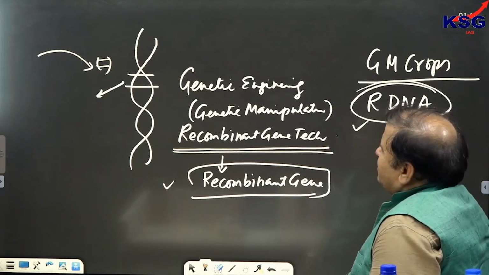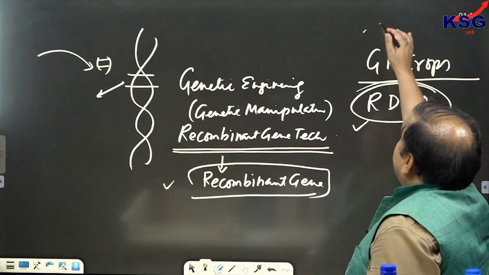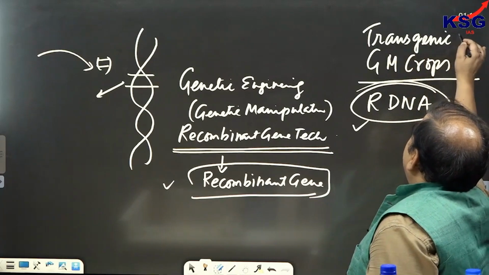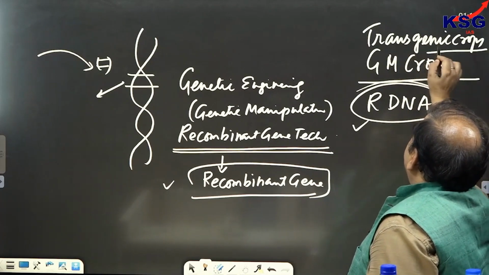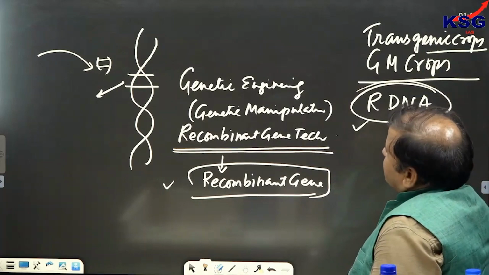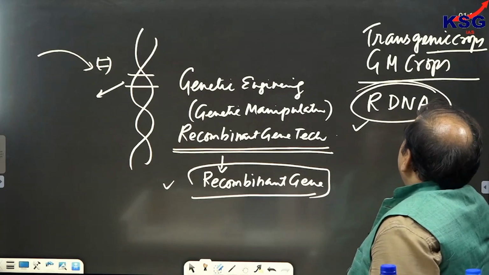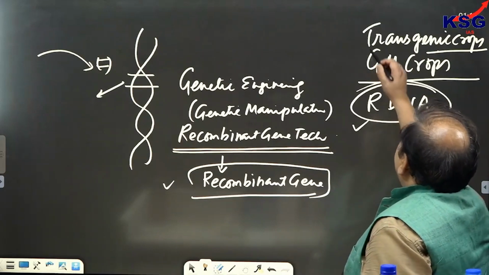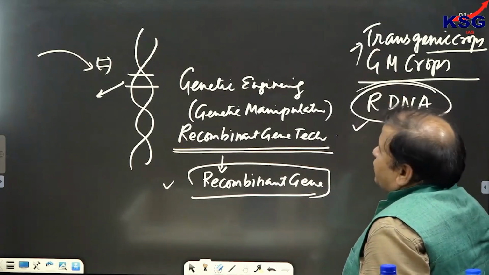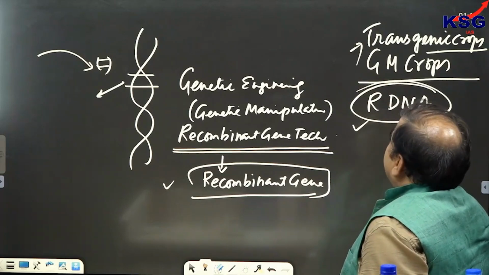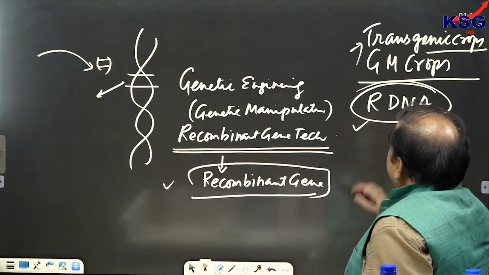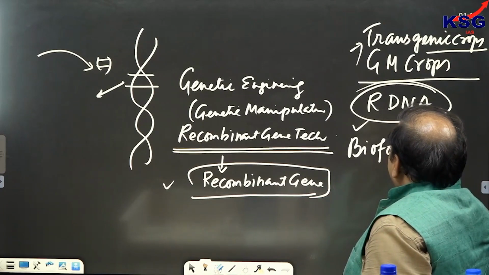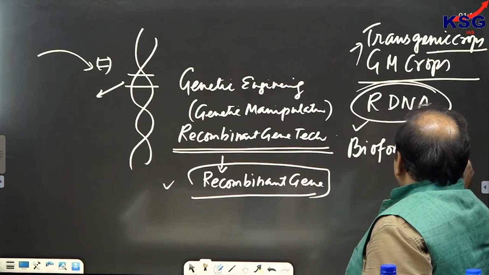GM crops are also called transgenic crops. The purpose why transgenic crops are developed is to enhance crop production, to remove diseases associated with the crop, and also to enhance the nutrient content of the crop, which is also called biofortification.